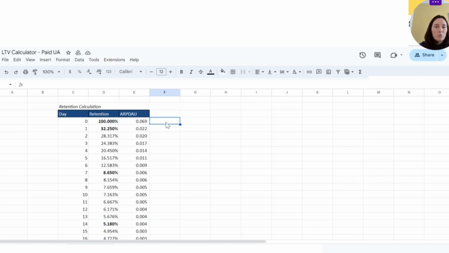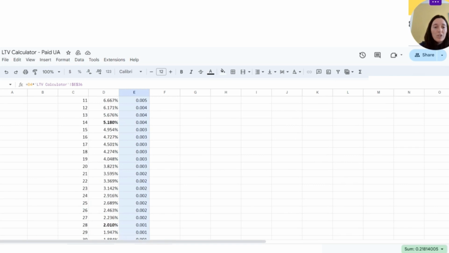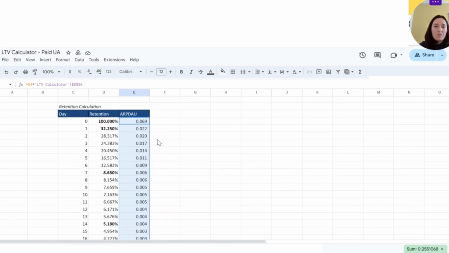You can see it this way. We have this output at day 0, the day of our install, and then we just keep adding our value depending on our retention rates. At the end, what we want to know is what LTV we have at day 60, day 90, etc. We need to sum these retentions up.